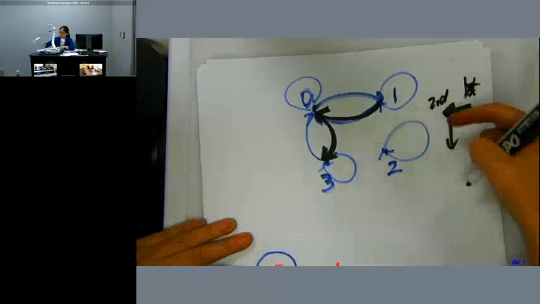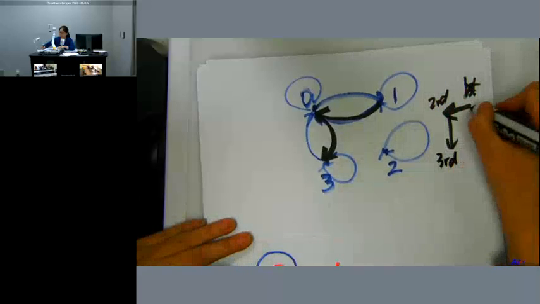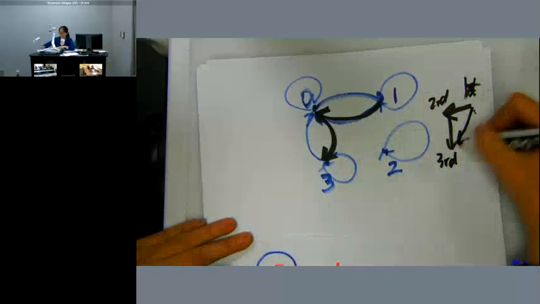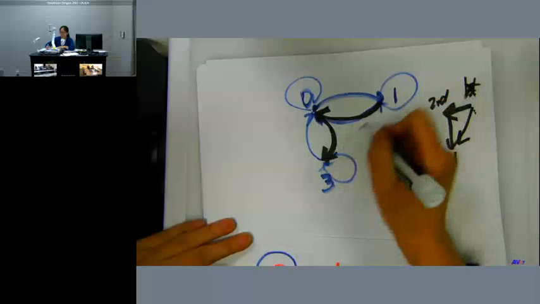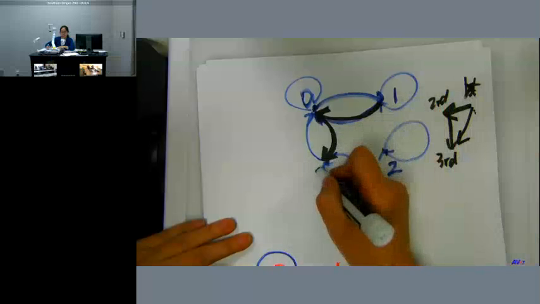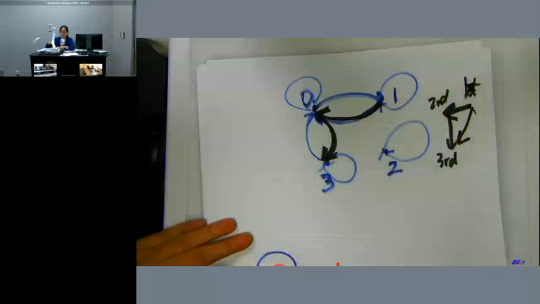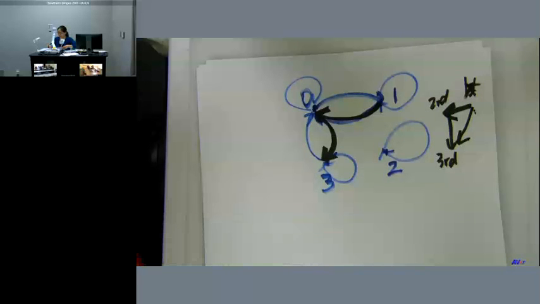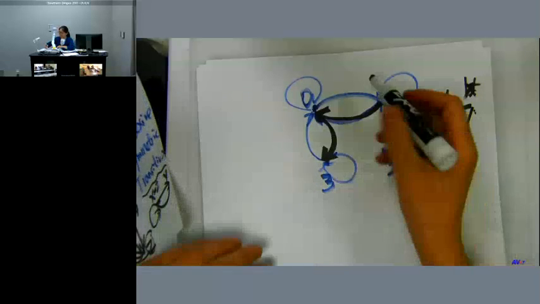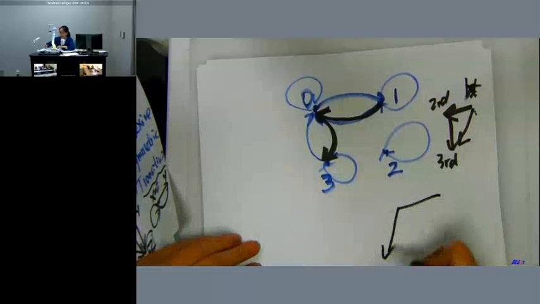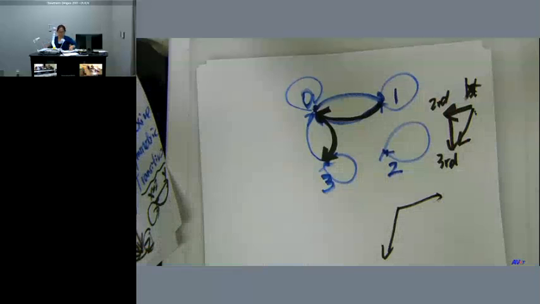First related to second, second related to third. You must have first related to third, so you must have this line segment there, right? Gotcha. But we don't have 1, 2, 3. There's not a line segment there. So this violates the transitive property. If you see any line segments that go like this but you cannot form a triangle, that will not be transitive.